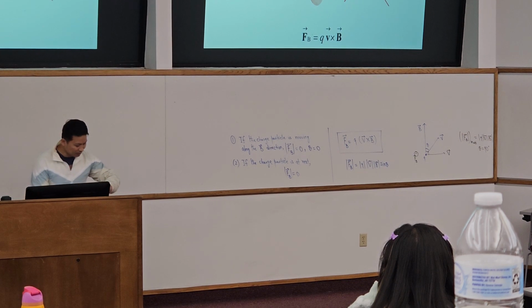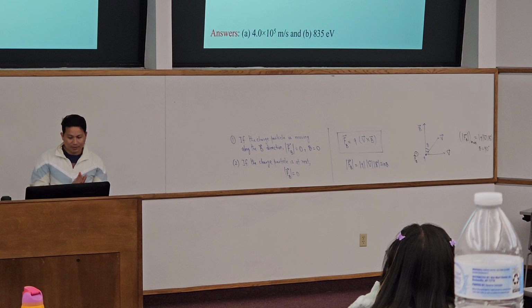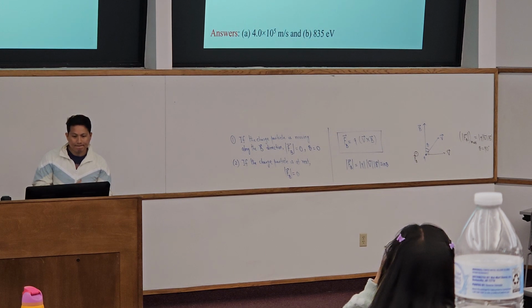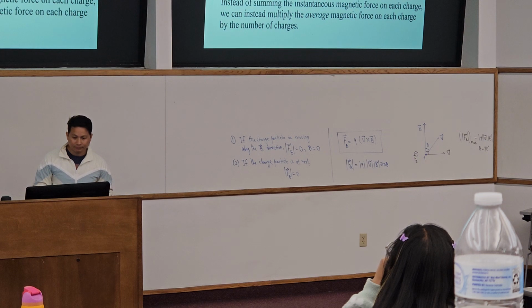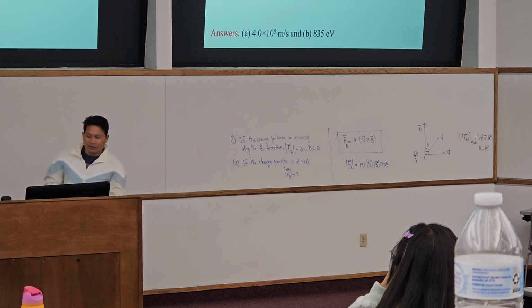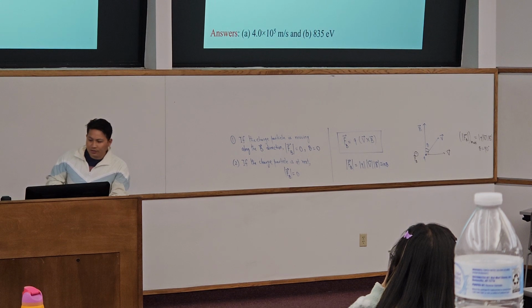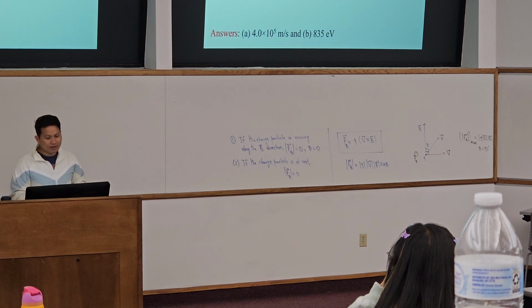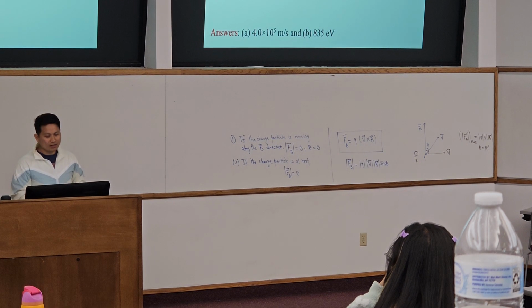Alright, so let me talk about this problem. You have a proton traveling at an angle of 23 degrees with the direction of the magnetic field, and the magnetic field given is 2.6 millitesla.